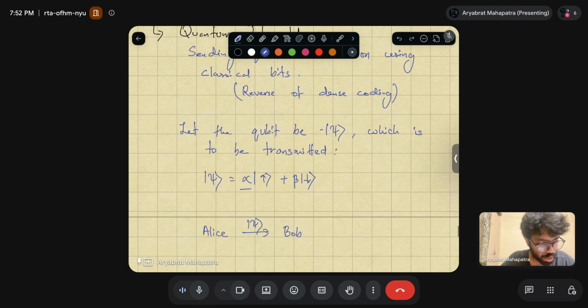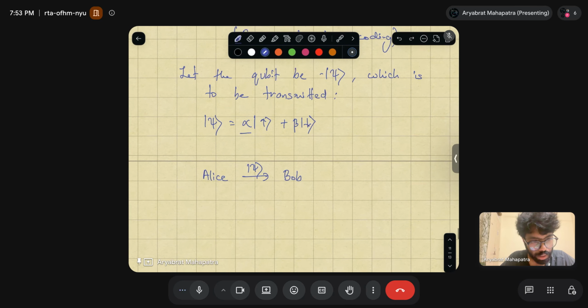There is another important property of quantum states, the no-cloning theorem.